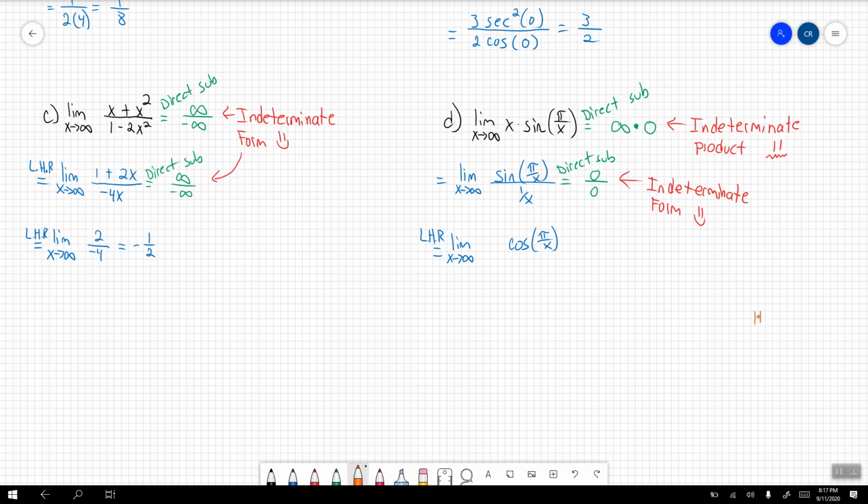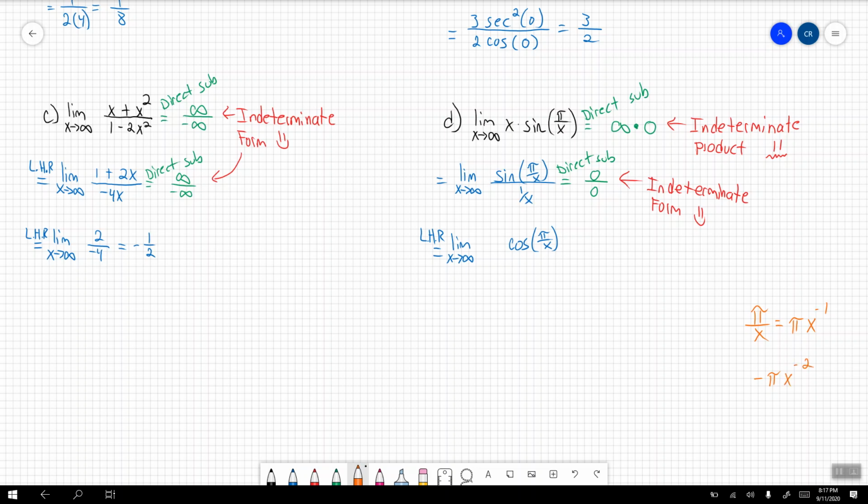And I'm going to do some scratch work on the right-hand side here. It's pi divided by x. In other words, it's pi times x to the power of -1. So if we take this derivative, drop the exponent forward, and then subtract 1 from the exponent.